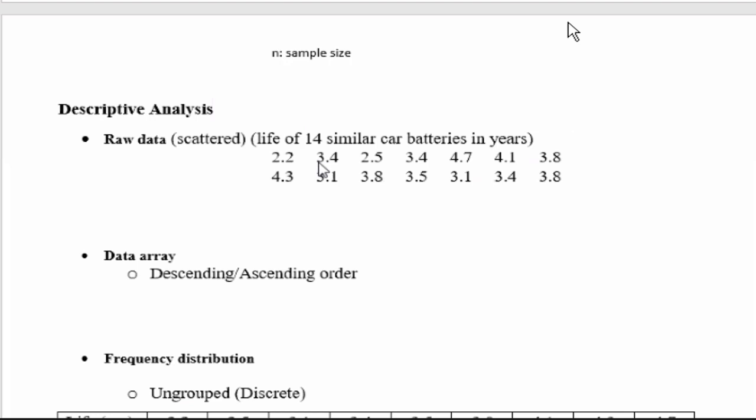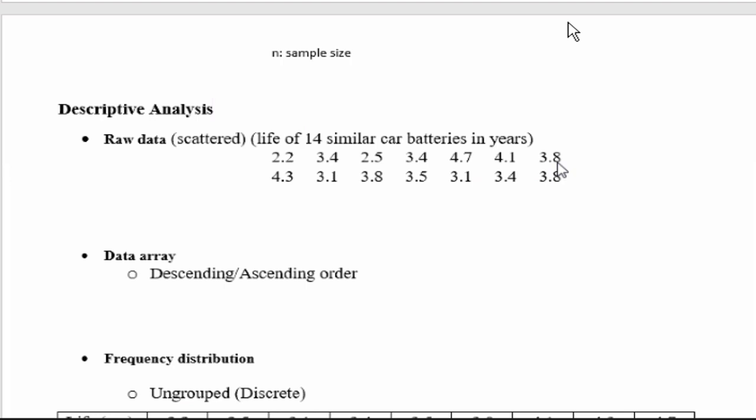So it could be not 14 but 140, for example, data points, and it becomes more complicated and difficult to analyze unless you arrange them into some order, you format them, or you tabulate them in some particular format. Then the next step is analysis.